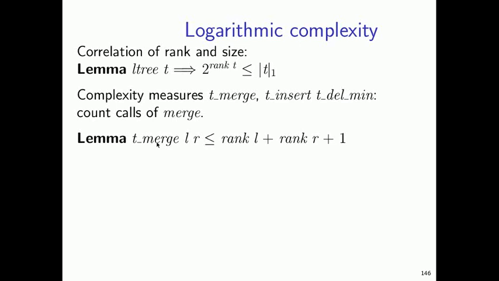So merge, we already said merge, the merge function, in every call the rank decreases, the ranks of the two arguments decrease. So of course we can estimate the time needed for merge by the sum of the two ranks, plus 1, because we need the leaf case.